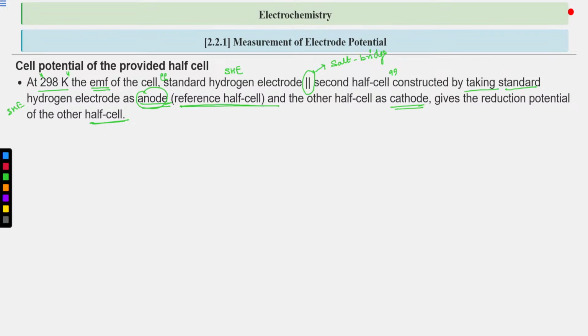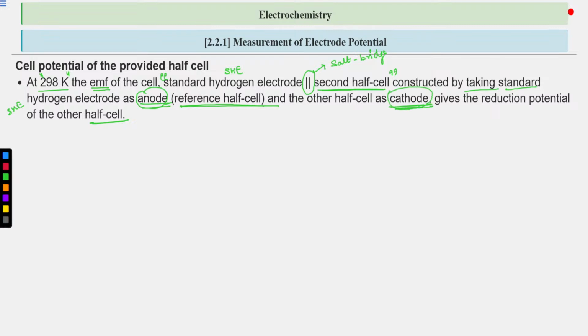Okay, which is our reference half cell. We will always take this SHE as our reference half cell, as anode in the left hand side of the salt bridge, and the other half cell, that is the second half cell, which we are taking as cathode.